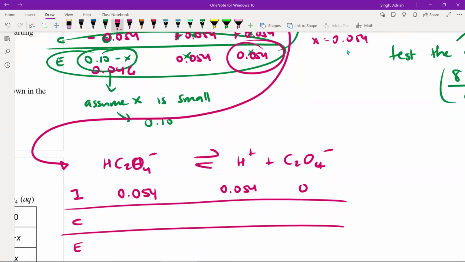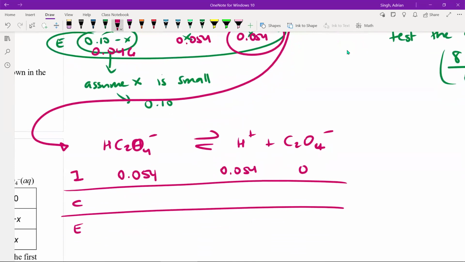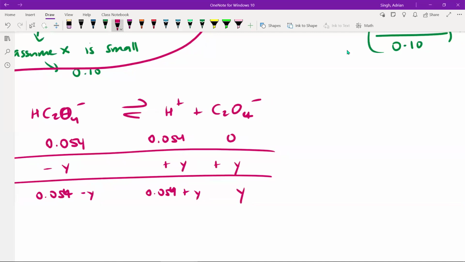And then we can do our same thing. So now we're just going to call this Y, just to differentiate it from the X we used previously. We're going to plus Y here, and subtract Y. So at equilibrium, we have 0.054 minus Y, we have 0.054 plus Y, and here we have Y. So we can write out the Ka expression for this.